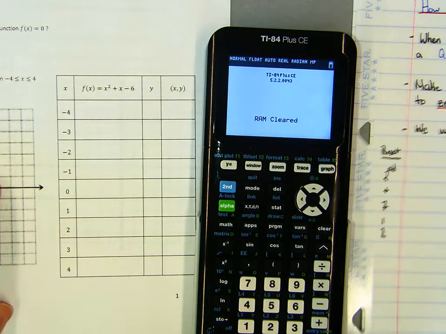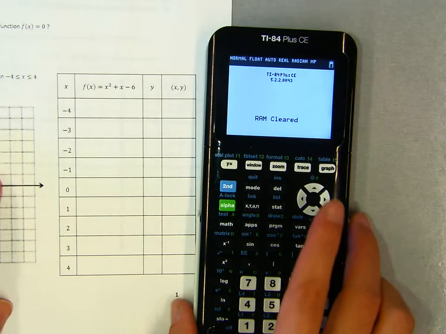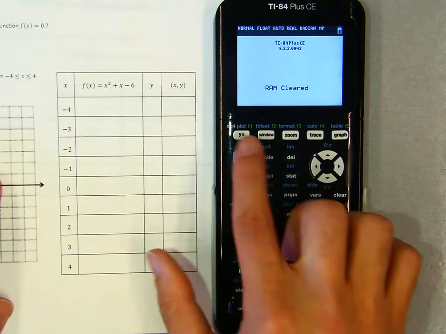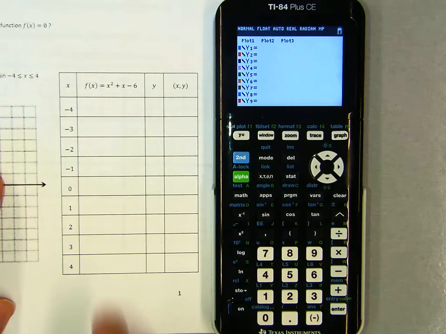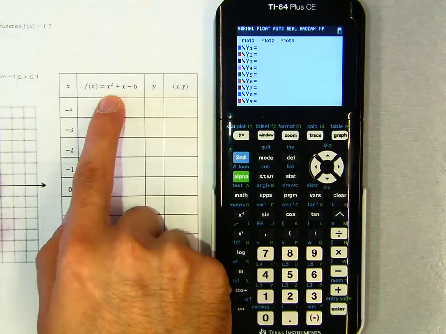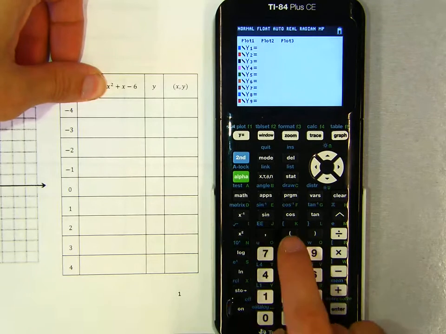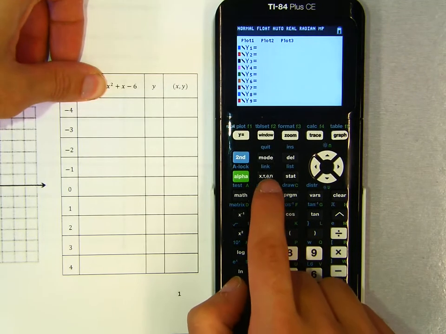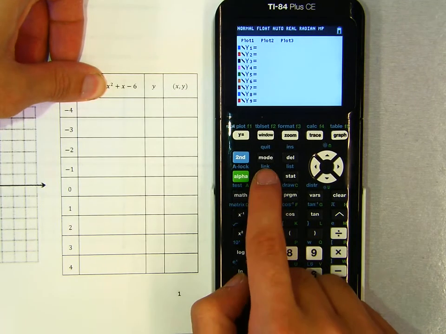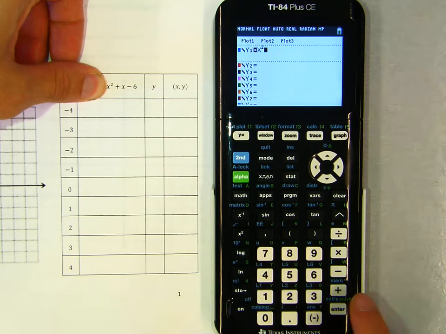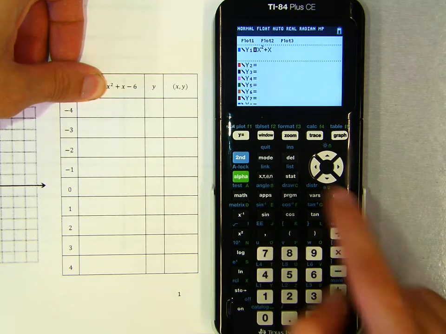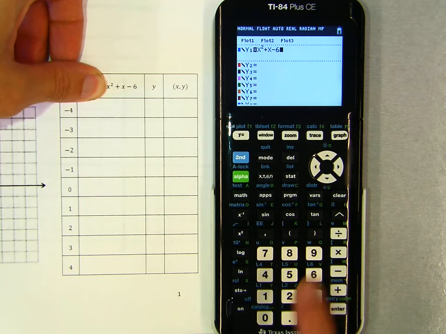And let me move this to the side. We go to y equals, and we're going to plug this in. What are we going to plug in? We're going to plug in x. Where is the variable? It's right here next to alpha. X squared plus x minus 6.